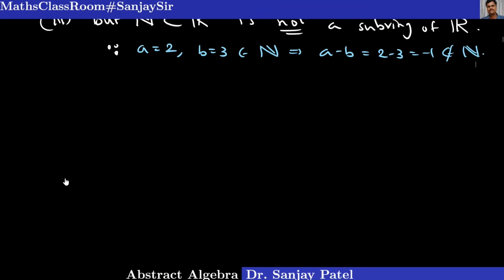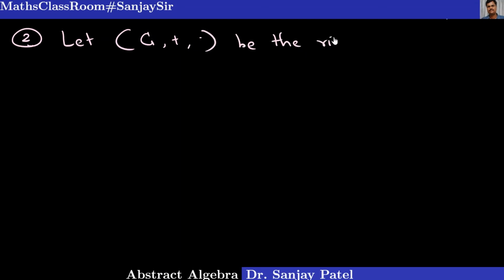Okay. Let us take another example of a subring. So problem number 2. Consider the ring of complex numbers. Let C, plus, dot be the ring of complex numbers, where plus and dot are the addition and multiplication of complex numbers, which you know very well.